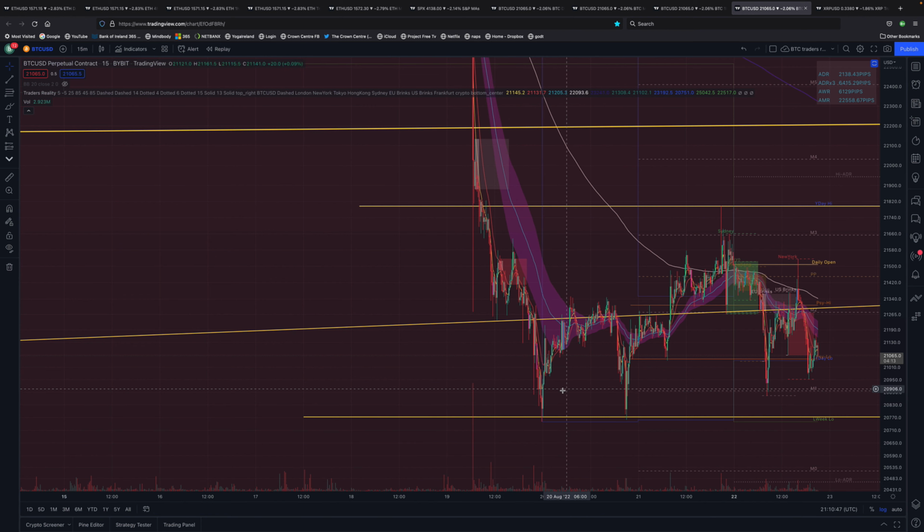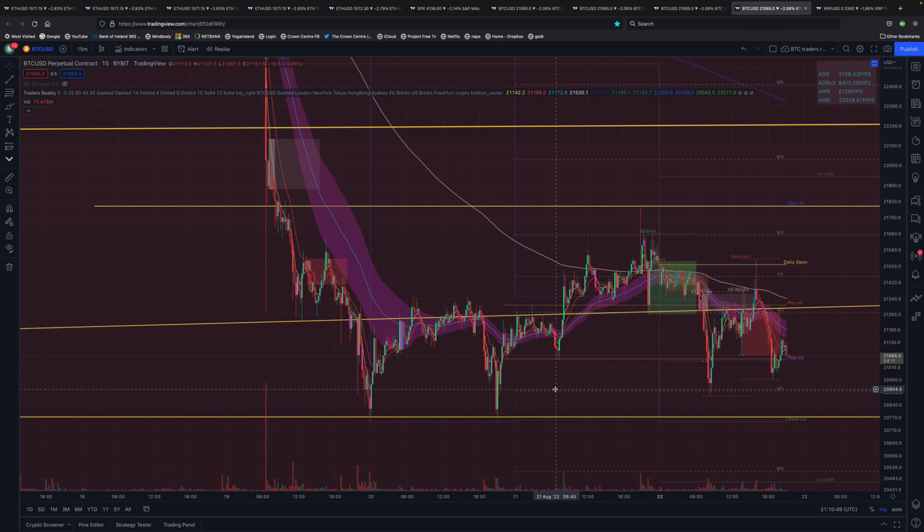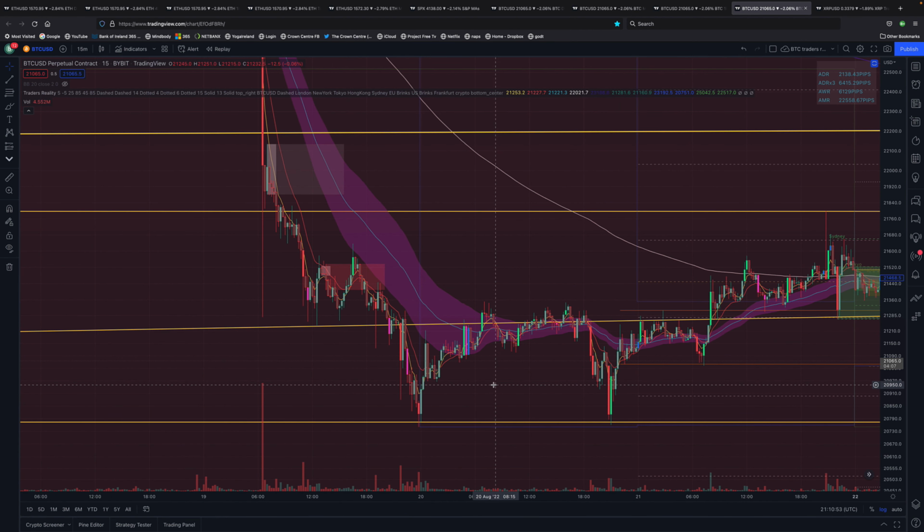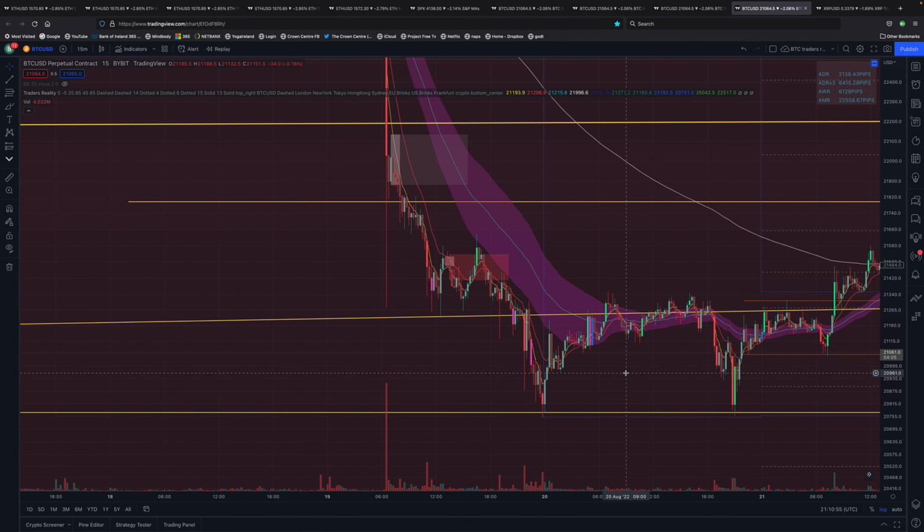It's the purple vector. The purple vector and the blue vector are both stop volume vectors, and the purple vector means that the market makers are trying to stop the drop.